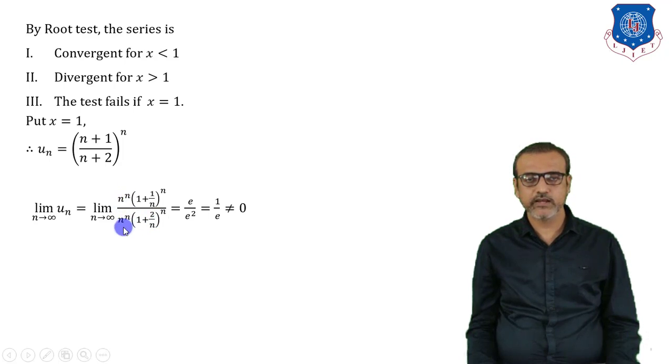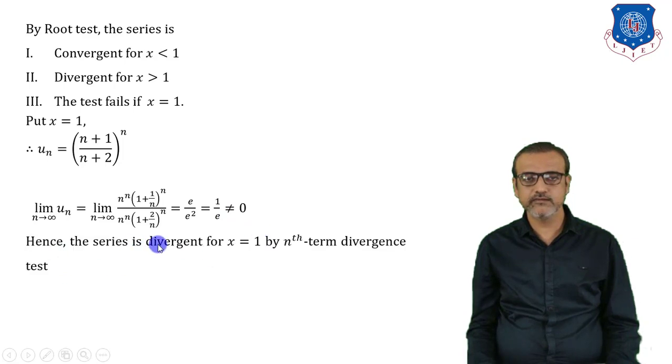Now n raised to n and n raised to n cancel out, and limit of (1 plus 1 upon n) the whole raised to n is e, and limit of (1 plus 2 upon n) the whole raised to n is e squared. So e upon e squared equals 1 upon e, which is not equal to 0. Hence the series is divergent for x equals 1 by the nth term divergence test.